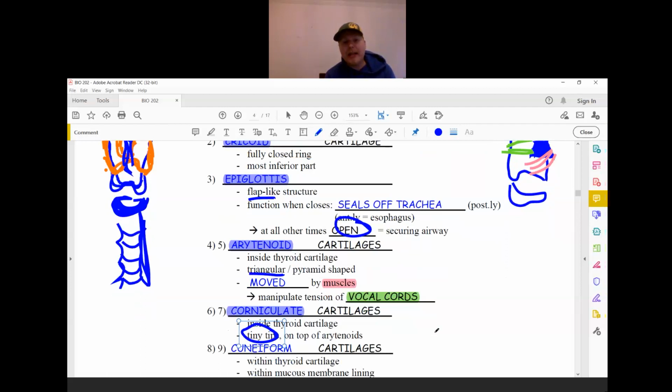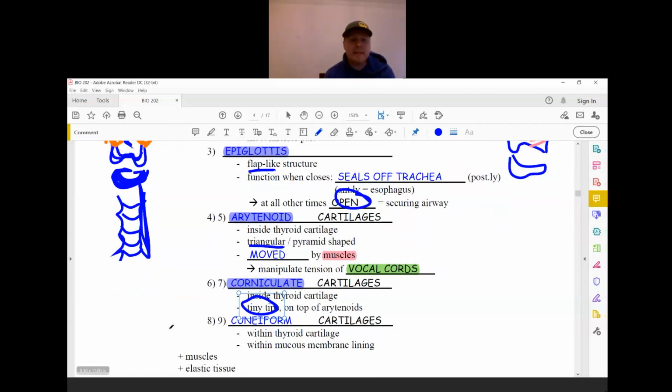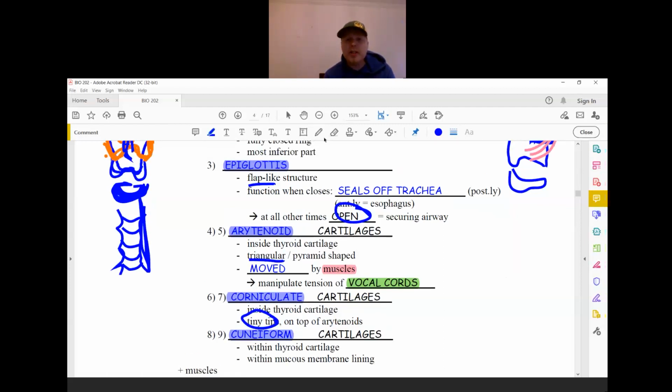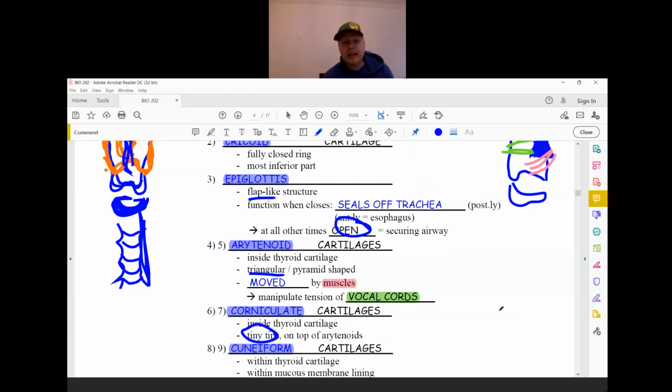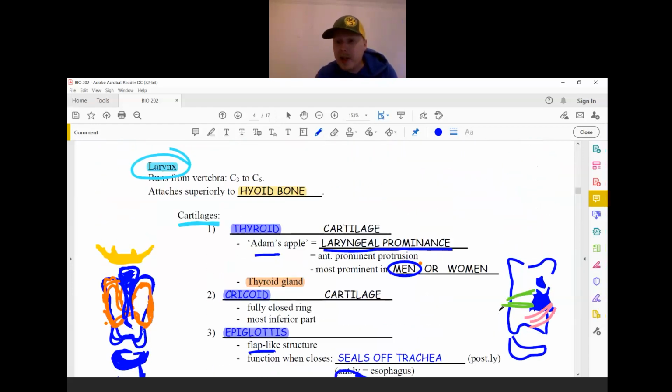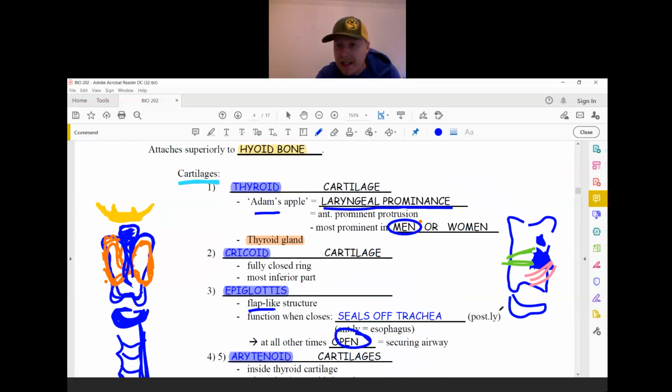And finally, we get to the last cartilage type that's part of our larynx. And those are going to be our cuneiform cartilages. Cuneiform cartilages are going to be harder to see. They're located within the mucous membrane lining of our larynx, so we never really see them.